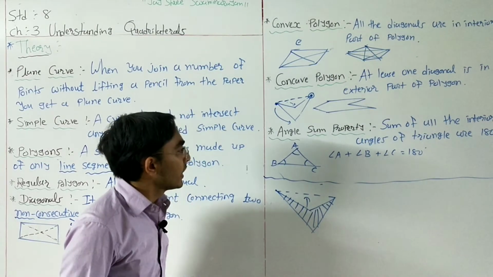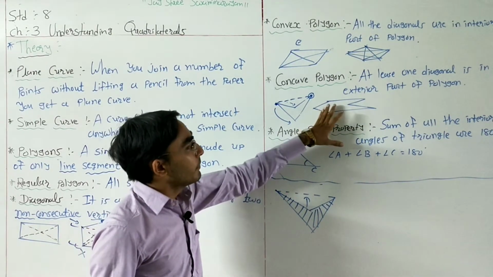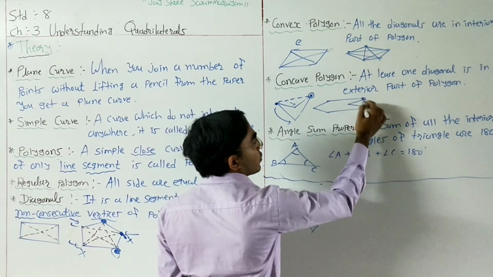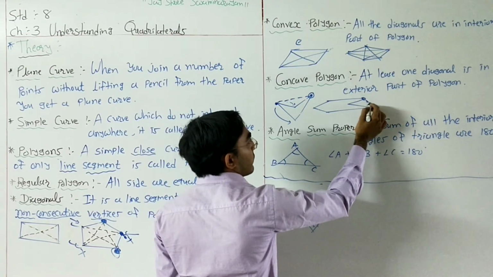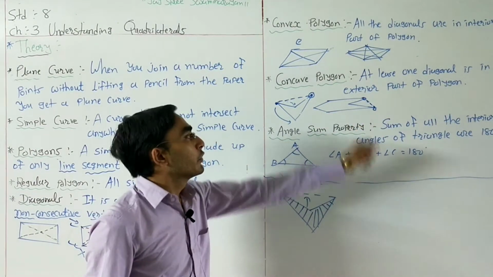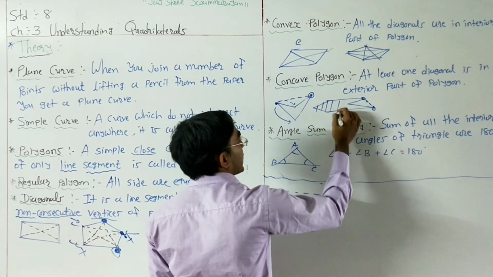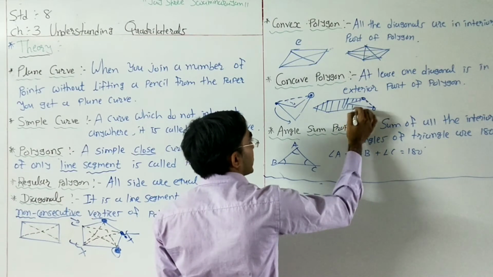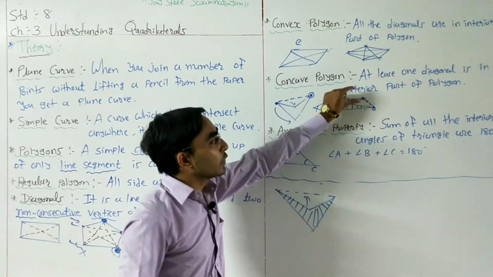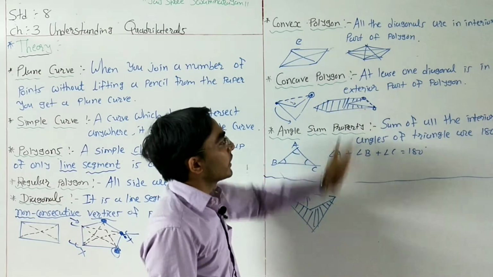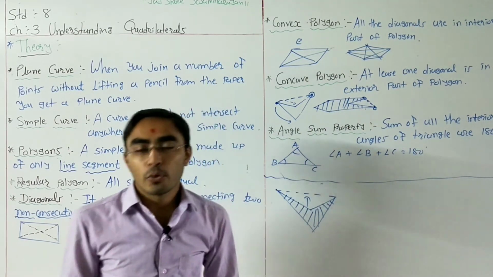Okay, if we look at this figure, here too these two are non-consecutive vertices. If we join these two points, it is one diagonal, and this is in the exterior part, right? This is the interior part of this figure. So this diagonal is outside the polygon, in the exterior part. That's why it is a concave polygon.